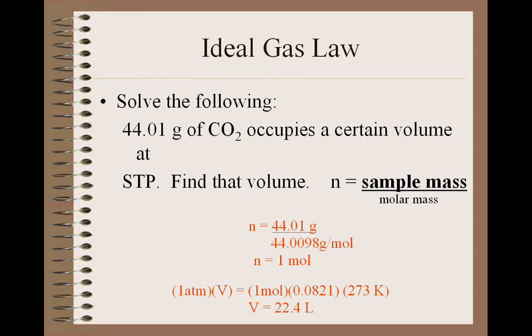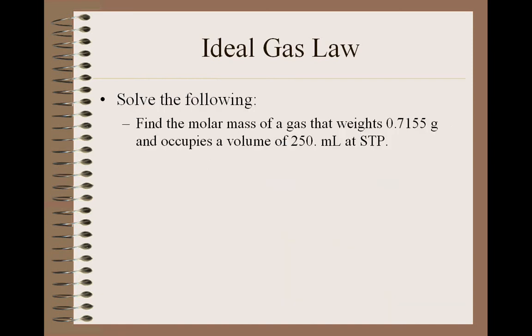So when we multiply 1 times 0.0821 times 273, it gives me 22.4 liters. Okay, 22.4 liters. 1 atmosphere is going to equal 22.4 liters of a substance. So if I have 1 mole of something at standard temperature and pressure, it's always going to be 22.4 liters.